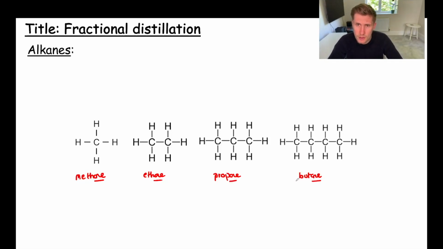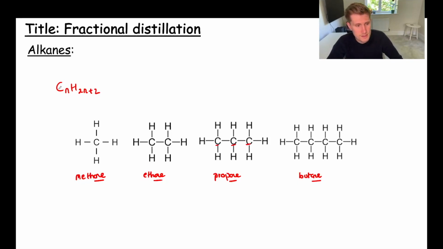You also need to know how to use that formula, if you remember, CnH2n+2, to work out the formula of any alkane you could be presented with when given the number of carbons. And we'll do one of those now, and I'll give you one to have a go at as well. So if we look at propane, for example, it would say in an exam that you've been given 3 carbons. What is the formula of the alkane?